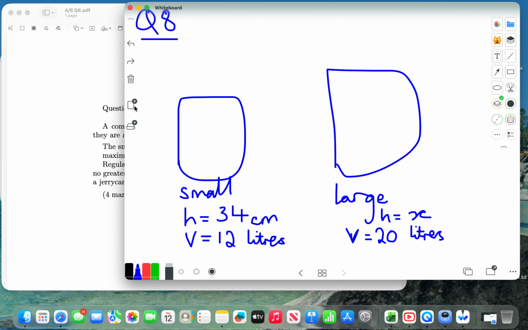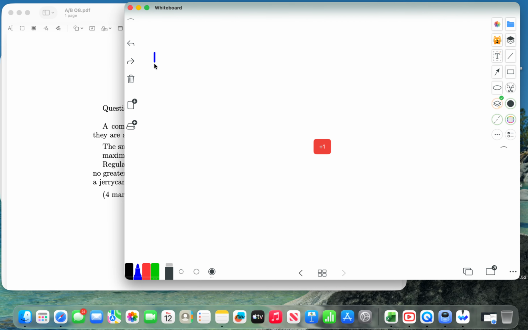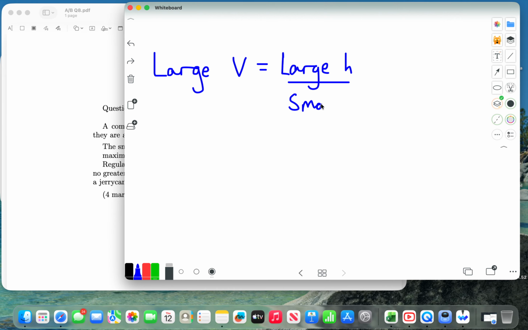Now, what you should know here is that the large volume is equal to the large height divided by the small height, cubed, multiplied by the small volume.